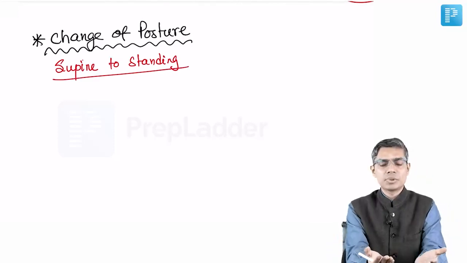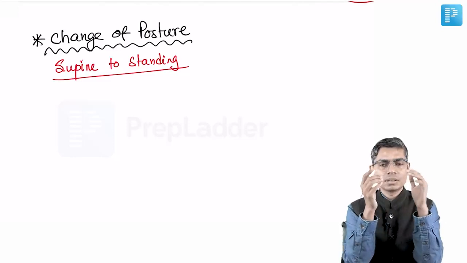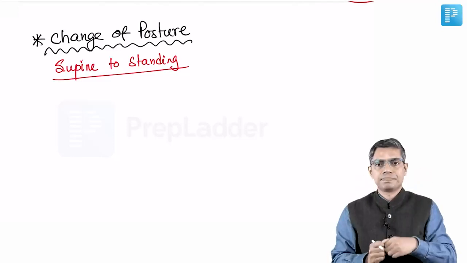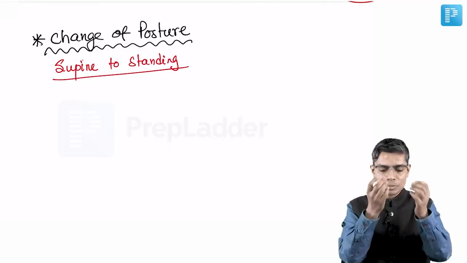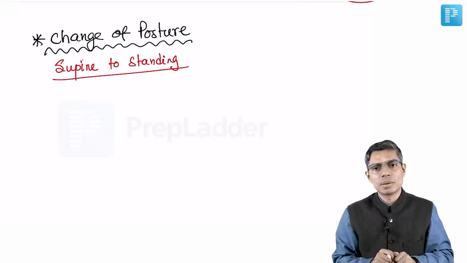Whenever you are in supine position, suddenly you are in standing position, due to effect of gravity, approximate 500 ml of blood will be pulled to the lower part of the body.